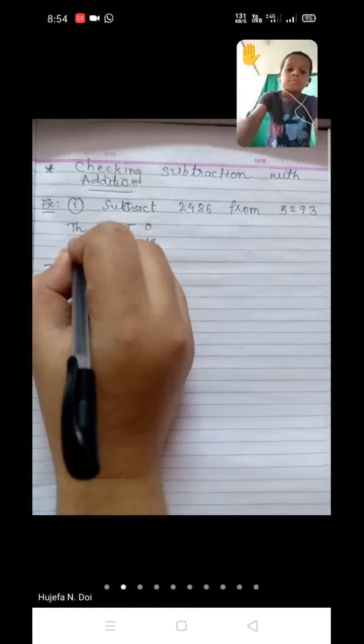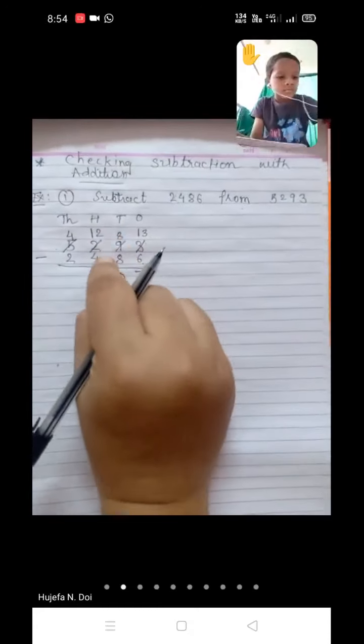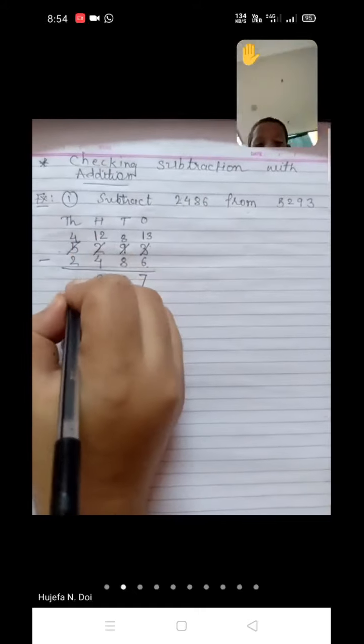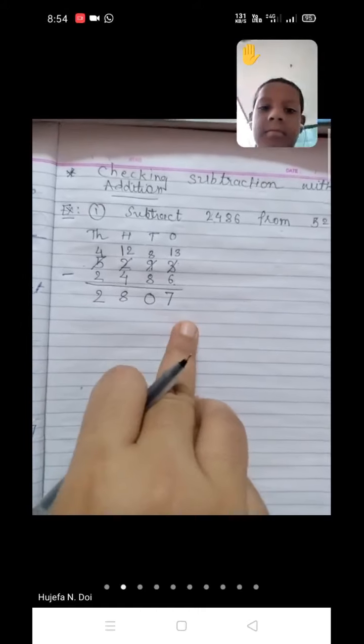In place of 5, put here a 4 and 1 will be here. 12 minus 4, 8. 4 minus 2, 2. What is the answer? 2807.